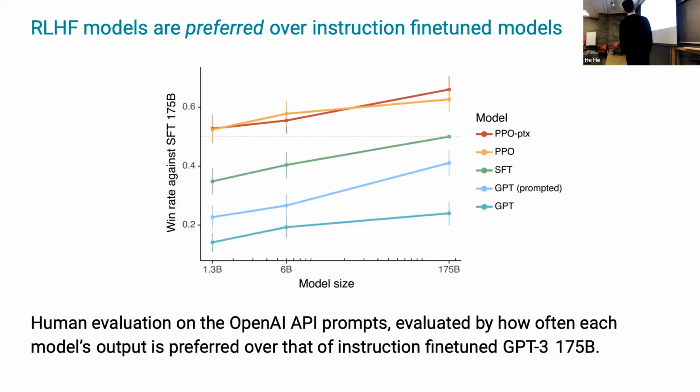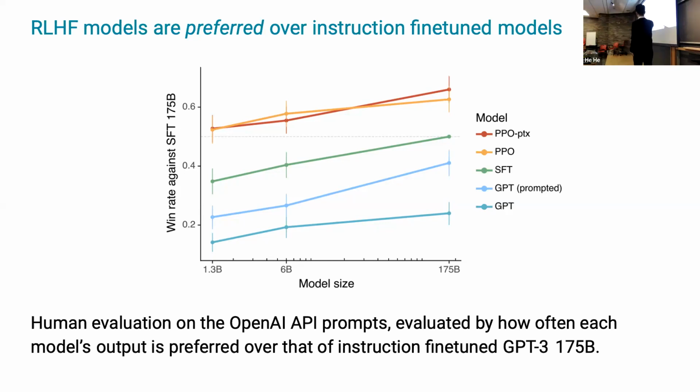Let's see the results of this. I found this really surprising, so let's unpack it. We're looking at model sizes from GPT 1.3B all the way up to 175B, the GPT-3 model. We ask humans which model configuration is better, and the baseline we're comparing against is the SFT 175B, GPT-3 instruction fine-tuned.